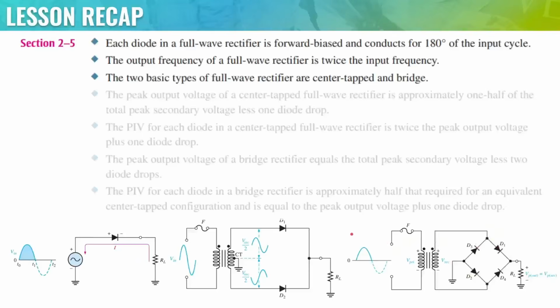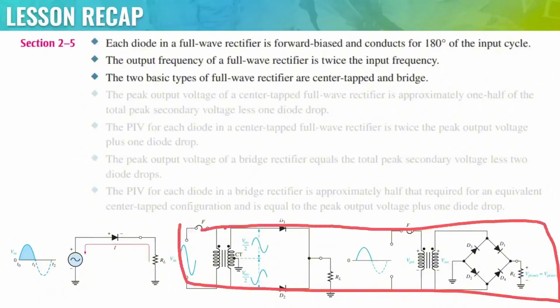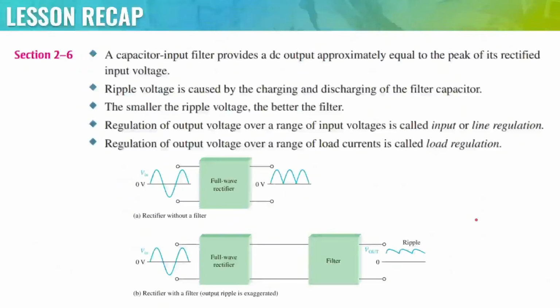So it's going to have the same output as this one. So these are both full wave rectifiers. So for section 2.6, the important concept here is the ripple voltage.